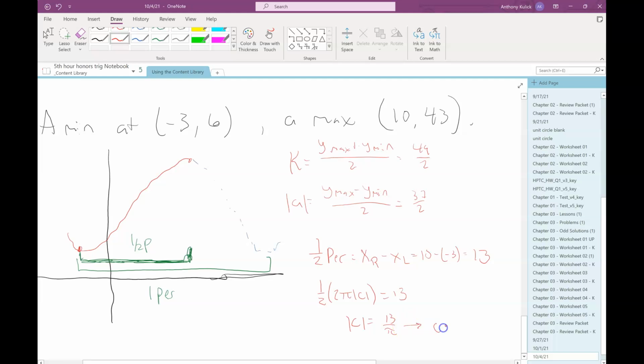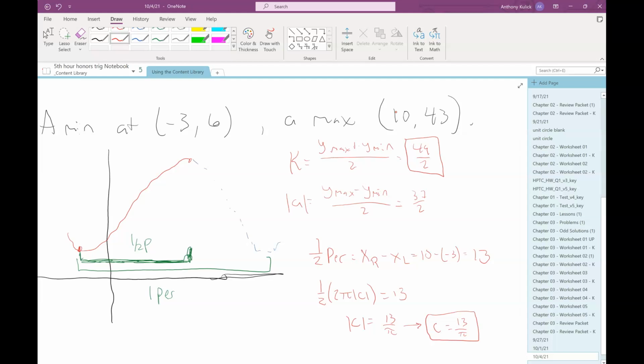And we're always going to assume that the C is positive. And I guess the K we know already. I can put a box around that too. Okay.